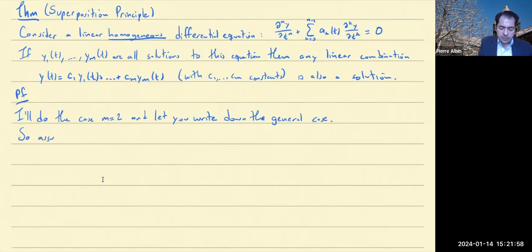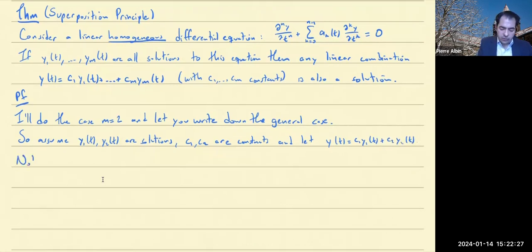So let's assume y1 of t, y2 of t are solutions. C1, C2 are constants, and let y of t be C1 y1 of t plus C2 y2 of t.